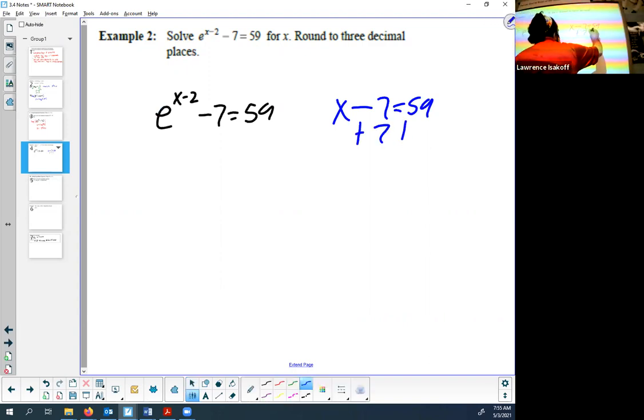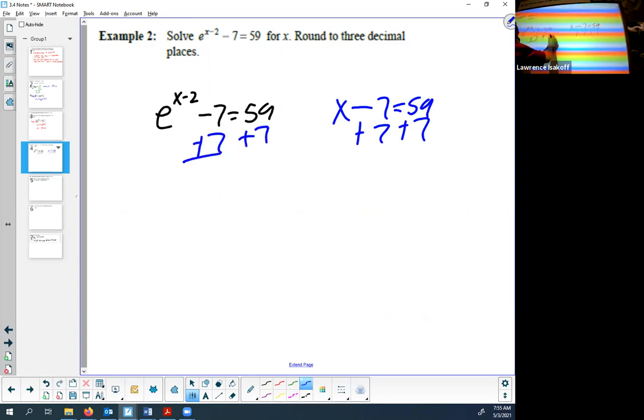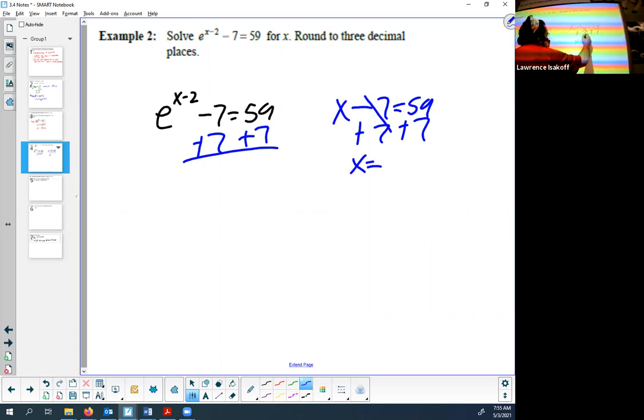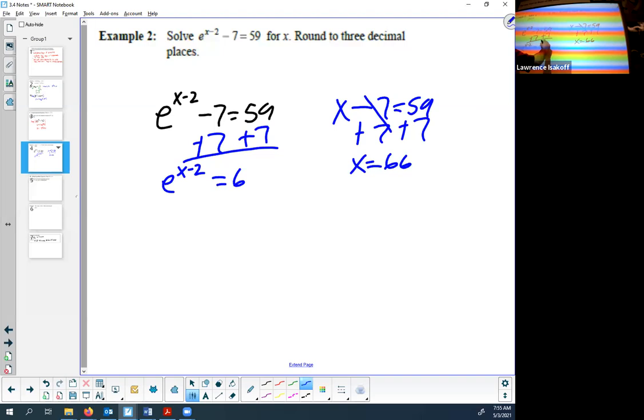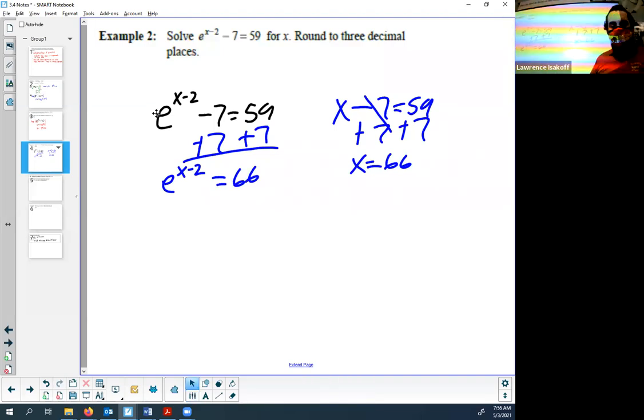So over here, we said add 7 to both sides. Over here, the exact same idea applies. So that gives me e to the x minus 2 equals 66. So now the e is by itself.